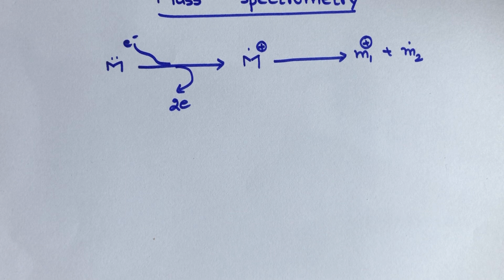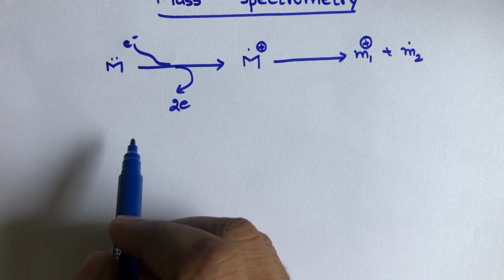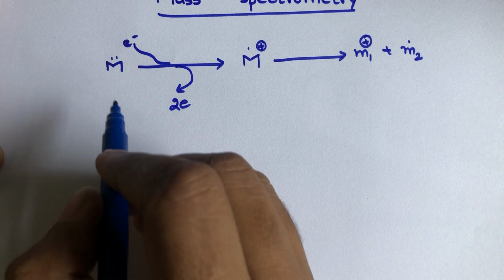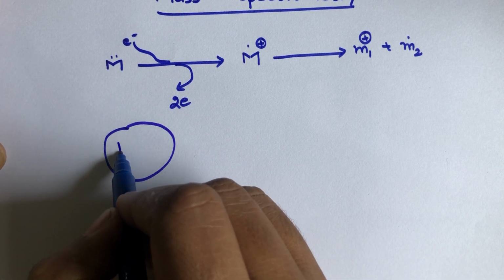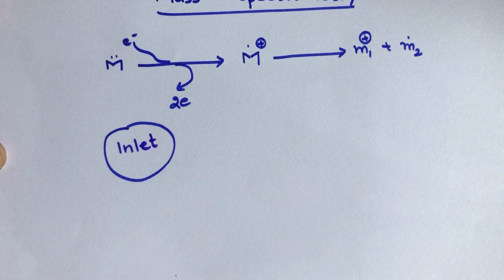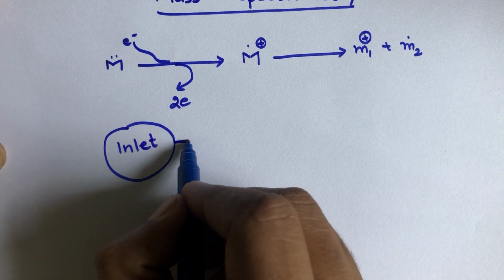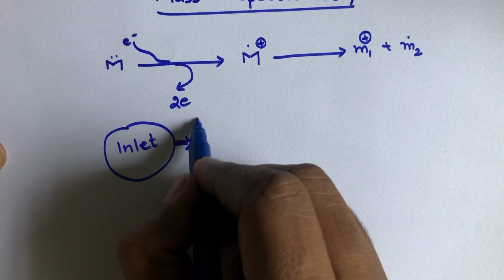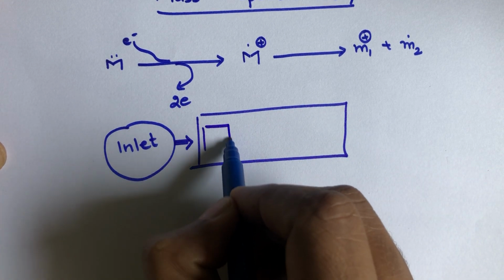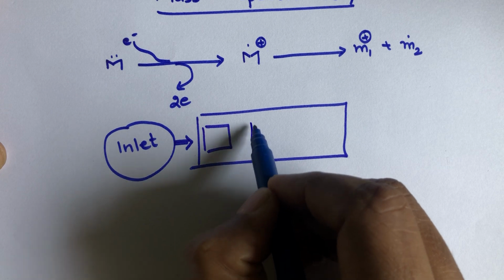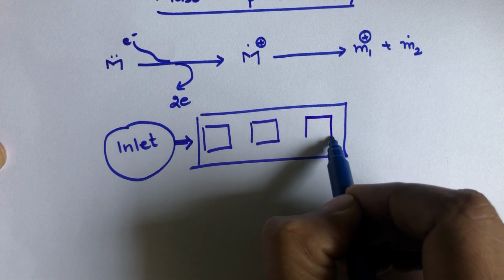The instrumentation part. The instrument consists of three major components. One is the sample introduction, that is the inlet. Then come the vacuum pumps. There will be a source, there will be an analyzer, and there will be an ion detector.